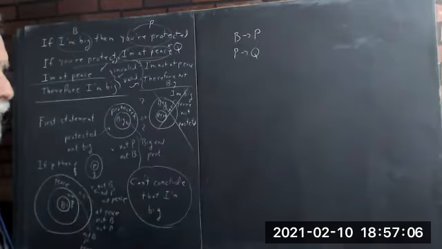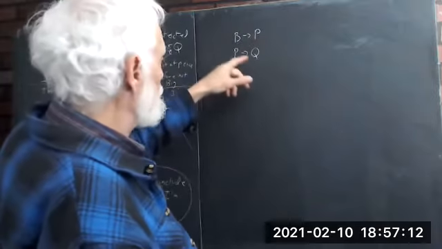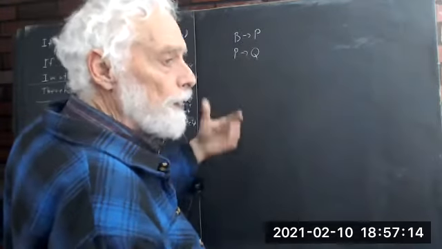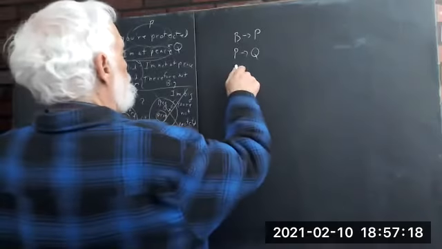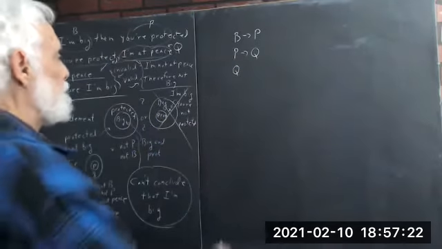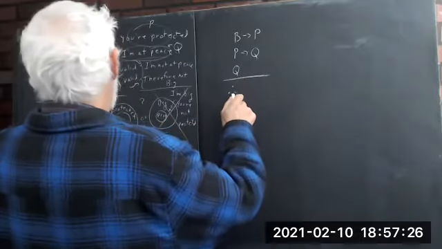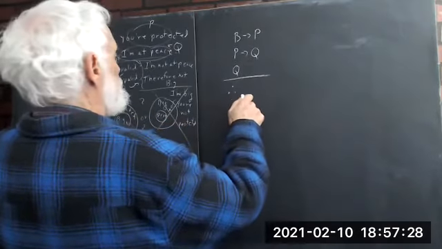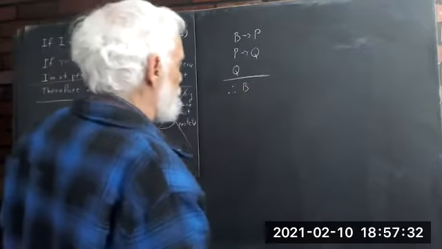And there we have the three statements that make up the argument. Okay, so again, if I'm big, you're protected. If you're protected, I'm at peace. And I'm at peace. Therefore, big.